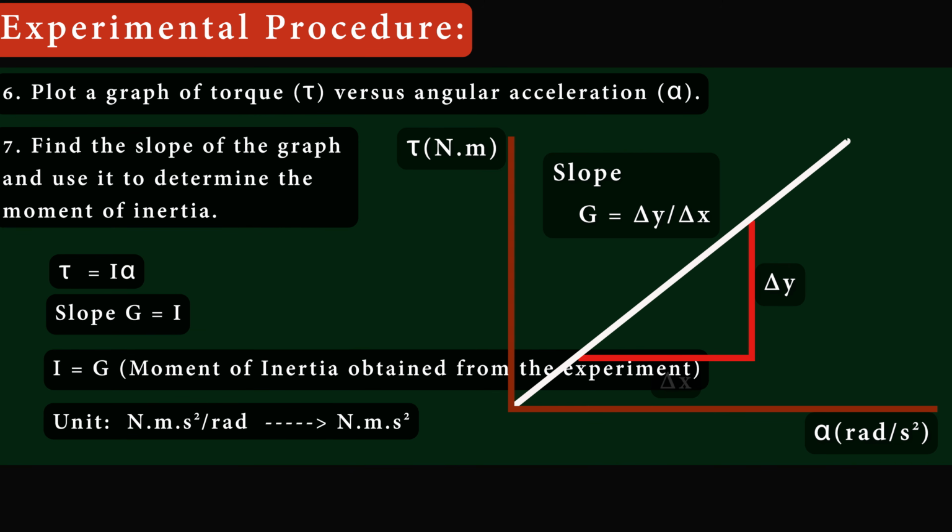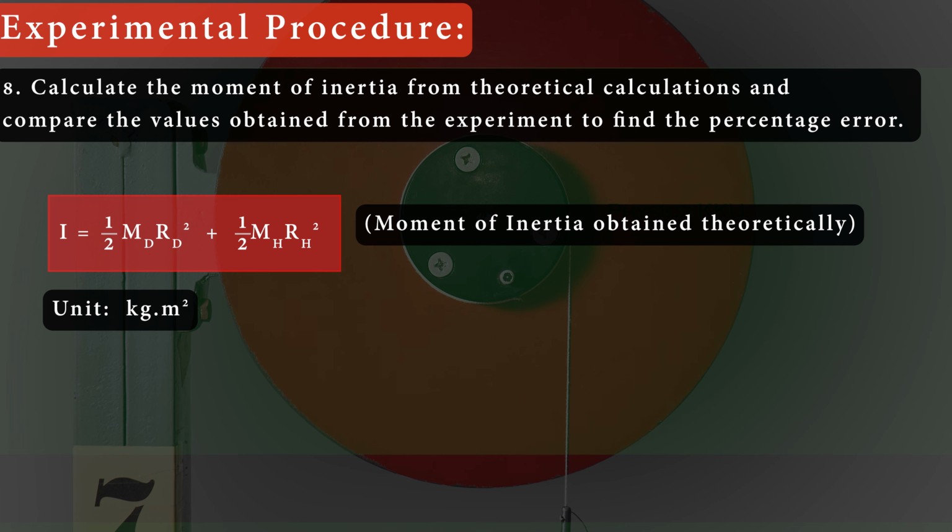We will use the experimentally obtained moment of inertia to compare it with the theoretically calculated moment of inertia. 8. Calculate the moment of inertia from theoretical calculations and compare the values obtained from the experiment to find the percentage error.